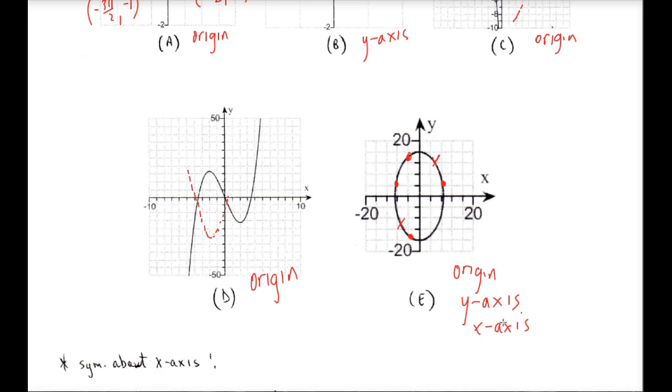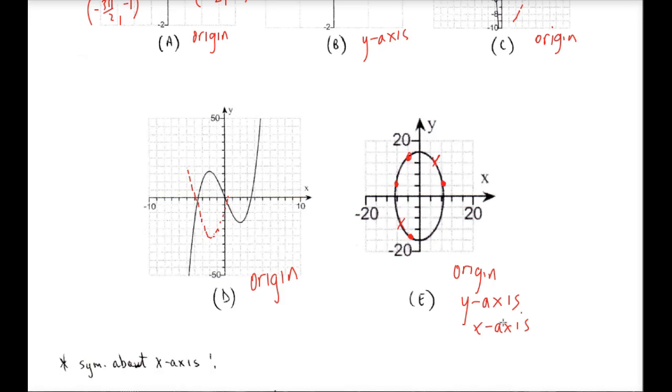Okay? And so for most circles and ellipses, we do have that case where that particular graph ends up being symmetric about both x and y axes and the origin. Okay?